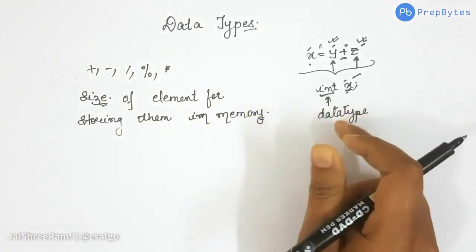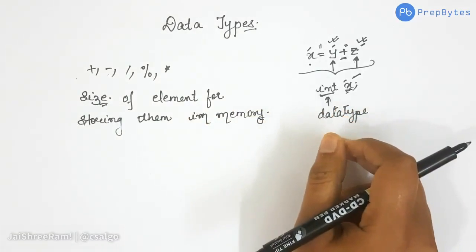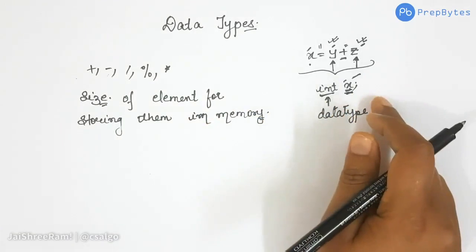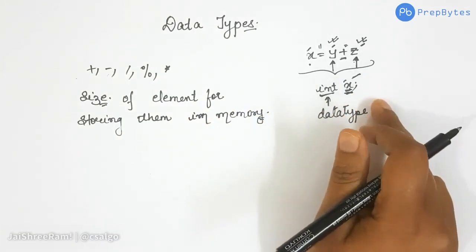So another use case of data type is that we tell the compiler that this particular variable is of this particular size, or for that matter this variable will occupy this much space in the memory.